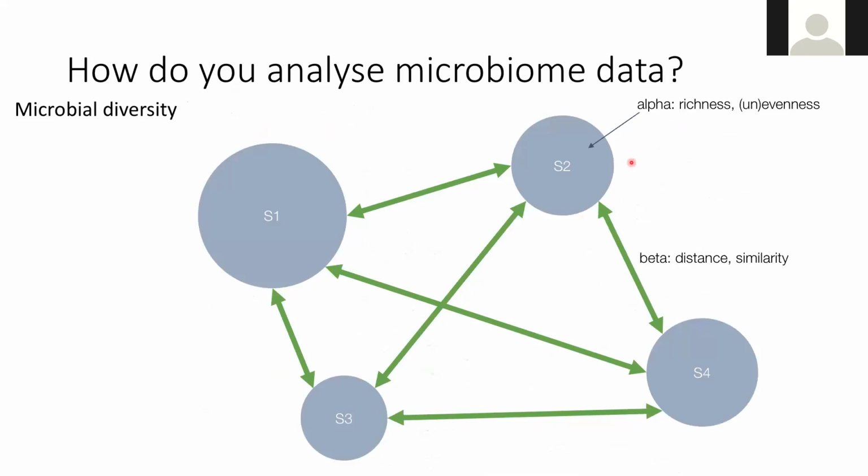The alpha diversity is the richness within a single sample. So how many species are in there? What's the richness there? And the beta diversity is the similarity between samples. When it says distance here, it's the distance of how close is it to another sample on the tree.